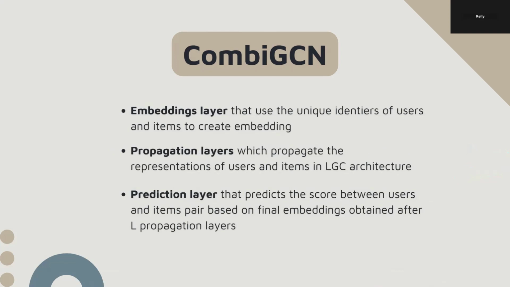Then the propagation layers, which propagate the representations of users and items in an LGC architecture. In the embedding and propagation layers, user embeddings propagate through both graphs, and item embeddings only propagate through the user-item graph. And then the prediction layer predicts a score between user and item pairs based on the final embeddings obtained after the propagation layers. The final embeddings are used to predict user preference for items through inner product operations.